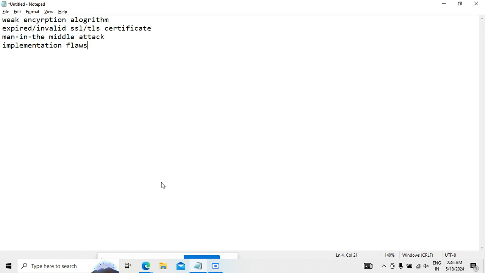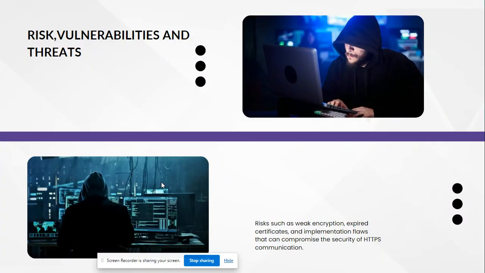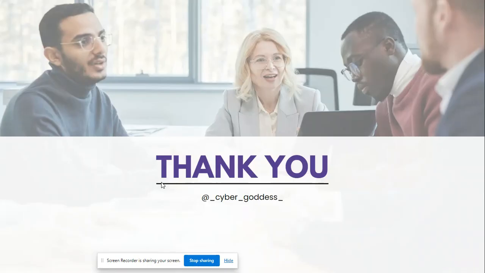So, to mitigate this risk, it is very, very important to ensure that HTTPS is properly implemented with a strong encryption algorithm, valid and up to date certificates, and secure configuration. And also, regular security audits and updates can help to identify and address any vulnerabilities before they can be exploited by the attackers. So I hope you understood this concept, and that's all for this video.